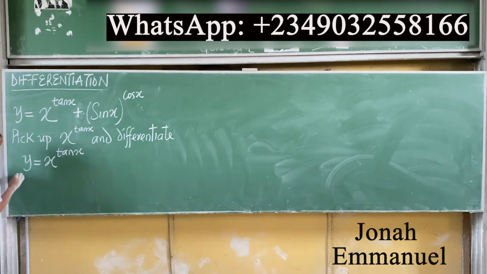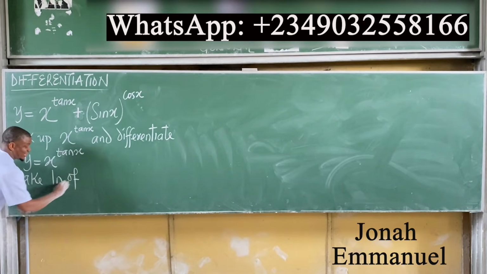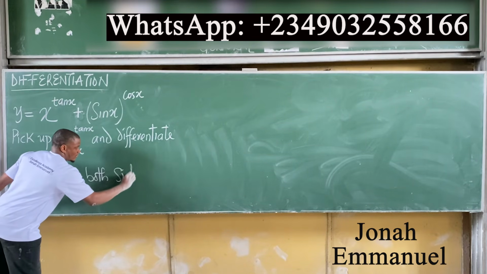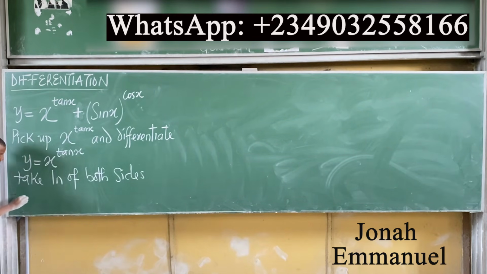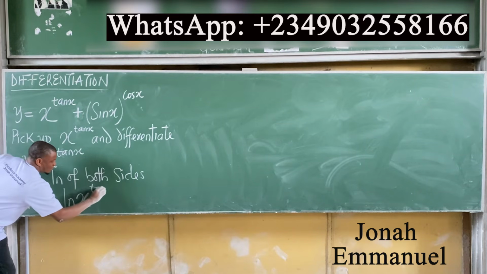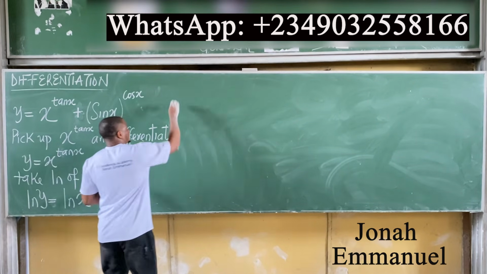Take ln of both sides. Look up please. ln of y is equal to ln of what there? x to the power what there? tan x.